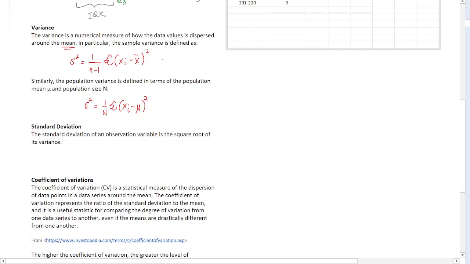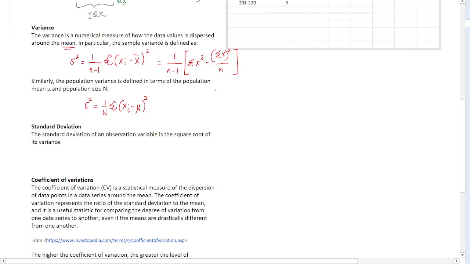And in general, you can also rewrite this formula as 1 over n minus 1, and then you multiply with the summation of x squared minus the summation of x, the whole thing squared, divided by n. So why do you need this formula?